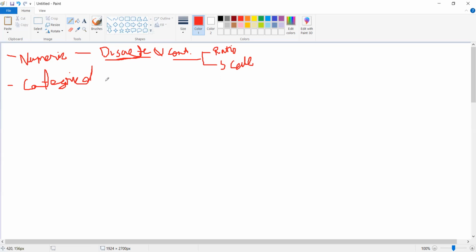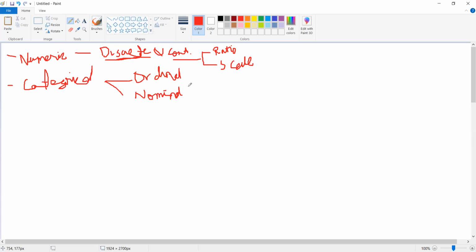Here again, you can have two types of values. One is called ordinal and the second one is called nominal. Nominal data are data where order doesn't matter.